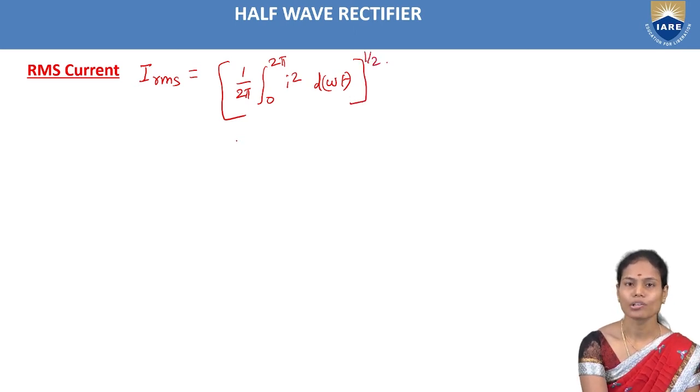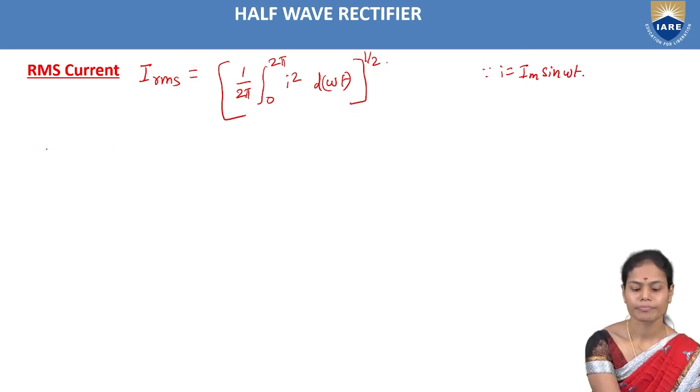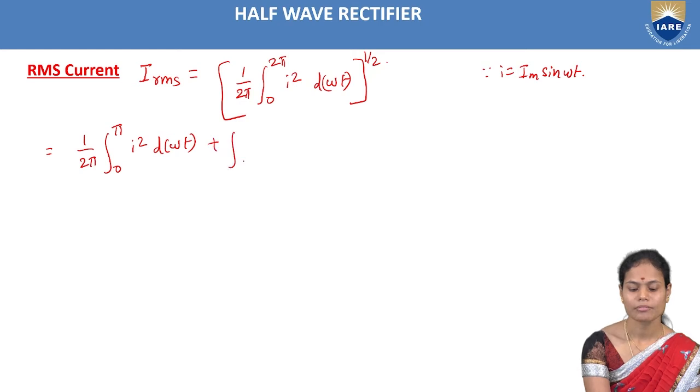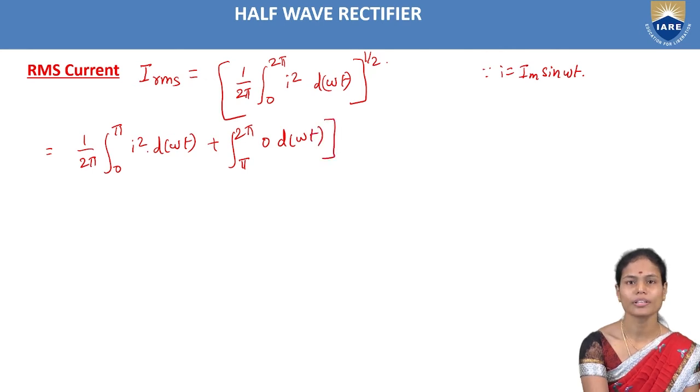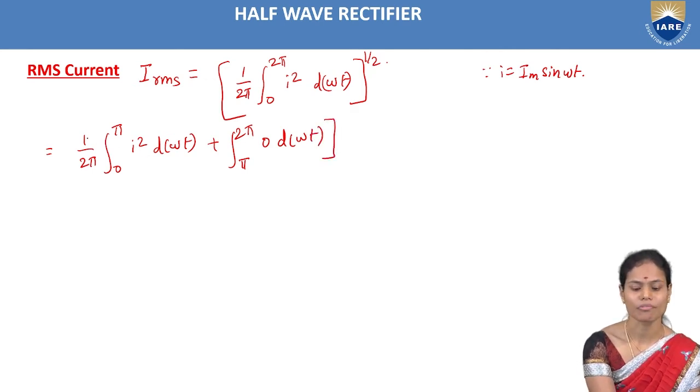Now substitute the value of I, that is I equals Im sine omega t. 1 by 2 pi integral of 0 to pi I square d omega t plus from pi to 2 pi, this value is 0. Why? Because we are not getting any output for the negative half cycle.